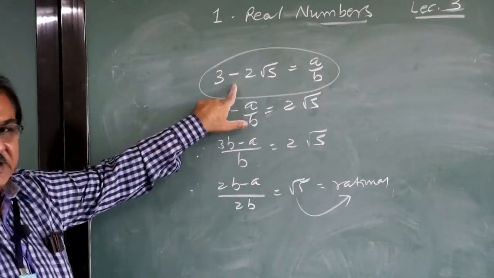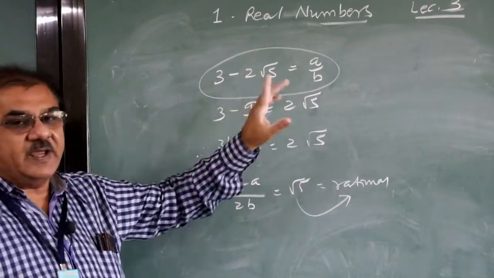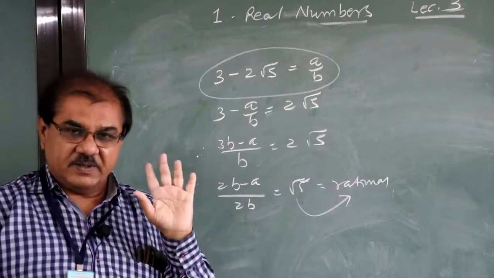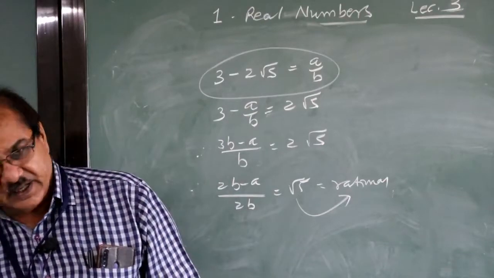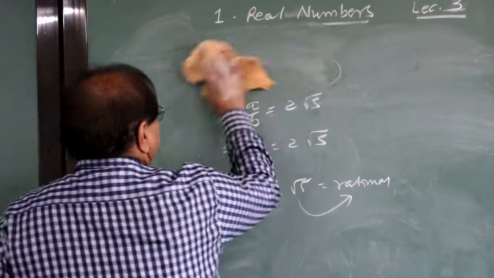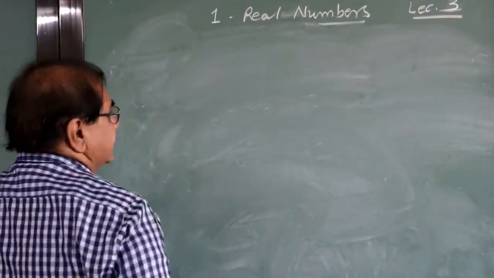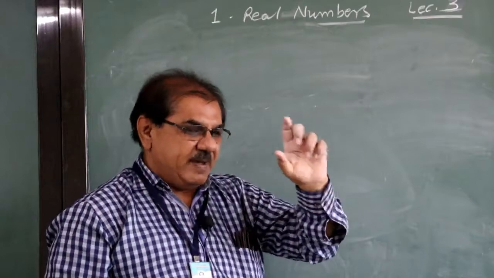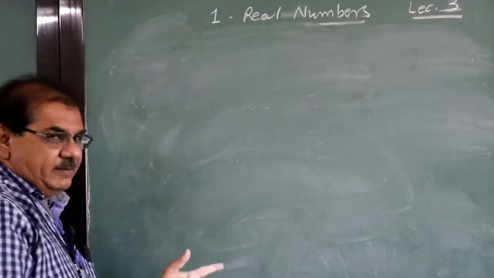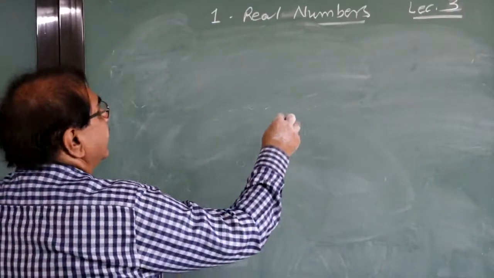Therefore now we can correct the statement: 3 minus 2 root 5 cannot be a rational number. Means it is an irrational number. Is it clear? So out of these chapters, out of lectures 2 and 3, I make one question for you, and that will be the last topic for today.